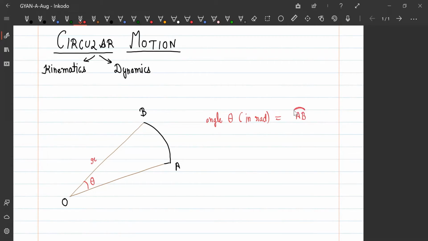So arc length ke liye we use this curve sign divided by the radius. So theta in radians is equal to length of arc, let us call it S, that is equal to S upon R. So this meter by meter or centimeter by centimeter cancels out and gives you the angle in radians, that is S upon R. This we already studied when I was talking about the fundamental quantities.